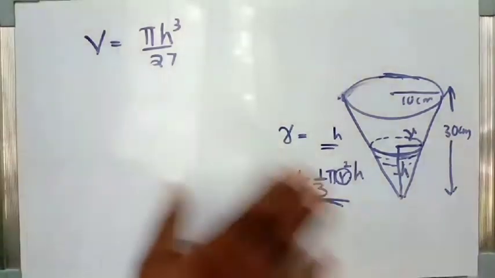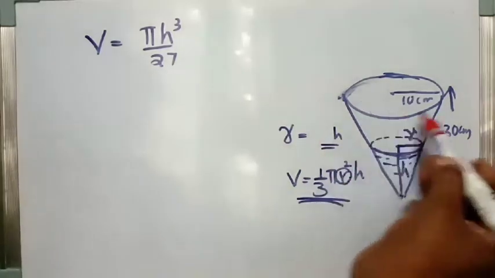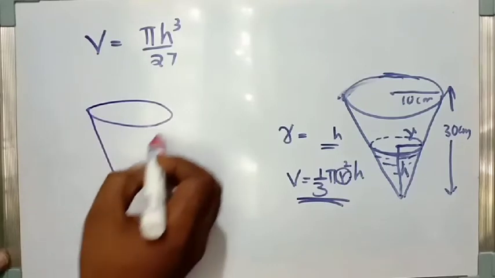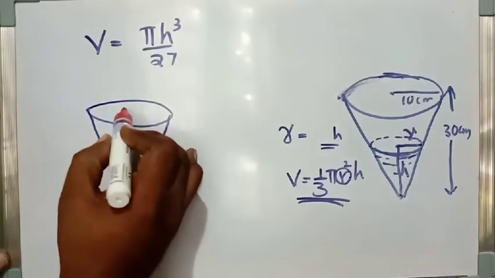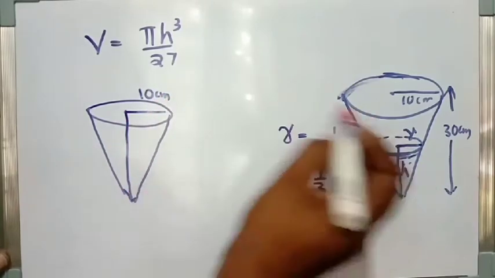Here not only the knowledge of AS level is required, we need the knowledge from IGCSE classes also. Let us think about a topic from IGCSE which is known as similarity. Similar objects. Here you could find two objects which are similar. One is the total container, with radius 10 centimeter and height 30 centimeter.